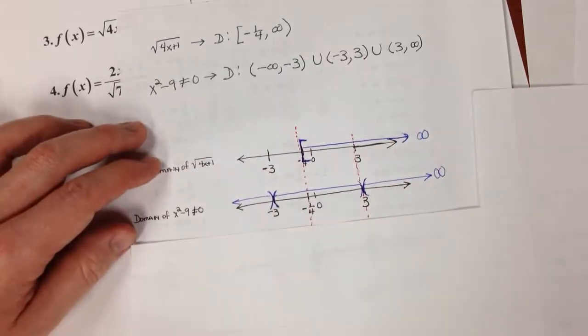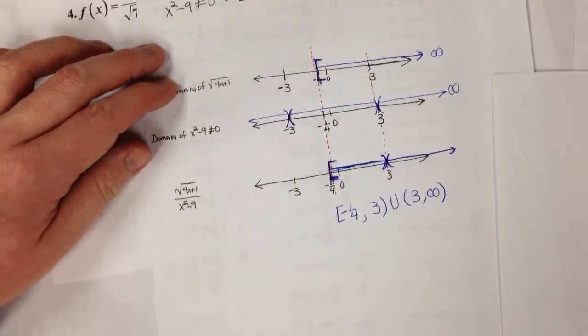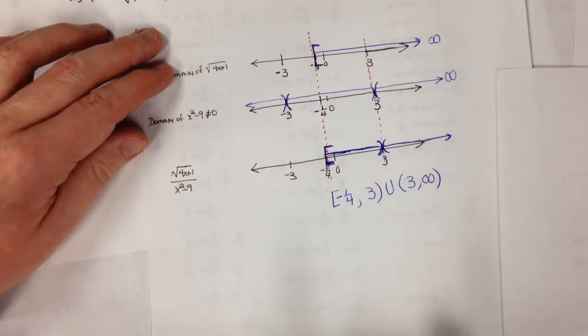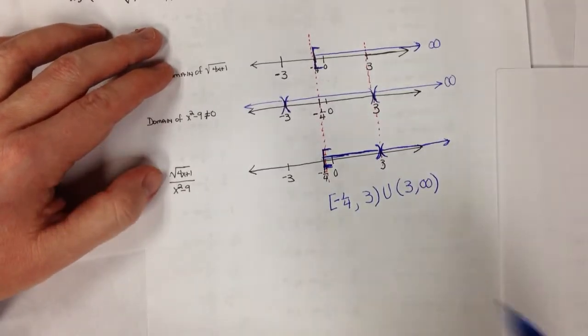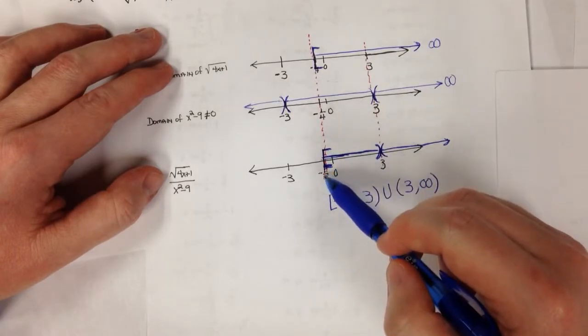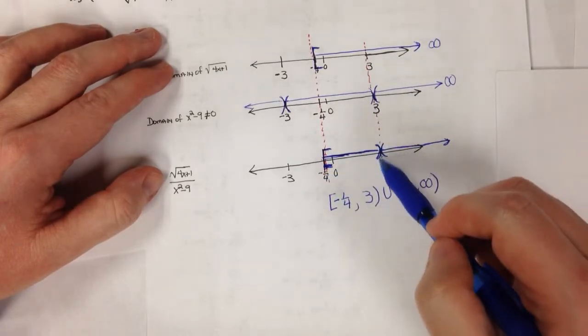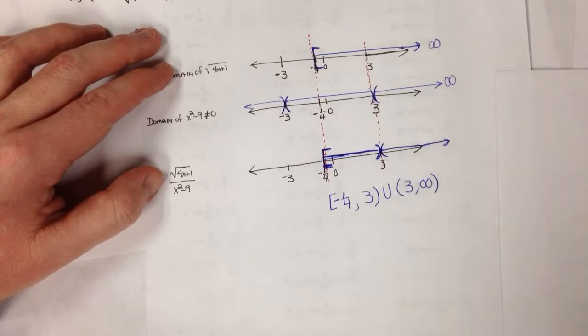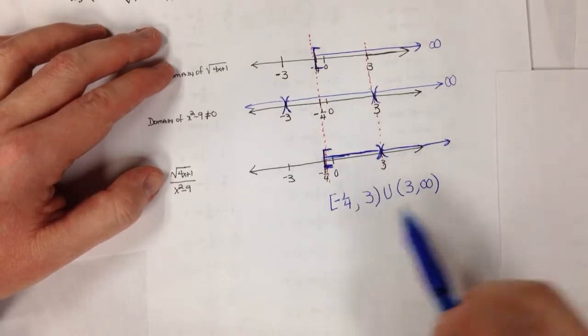And so for the domain of the square root of 4x plus 1 all over x squared minus 9, we have this set of values: from negative 1/4 included, excluding 3, but everything else that is greater than negative 1/4 will belong in the set.